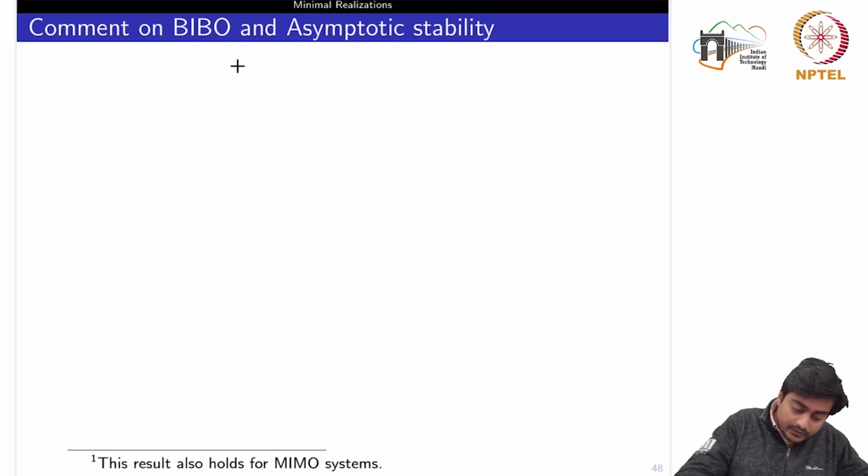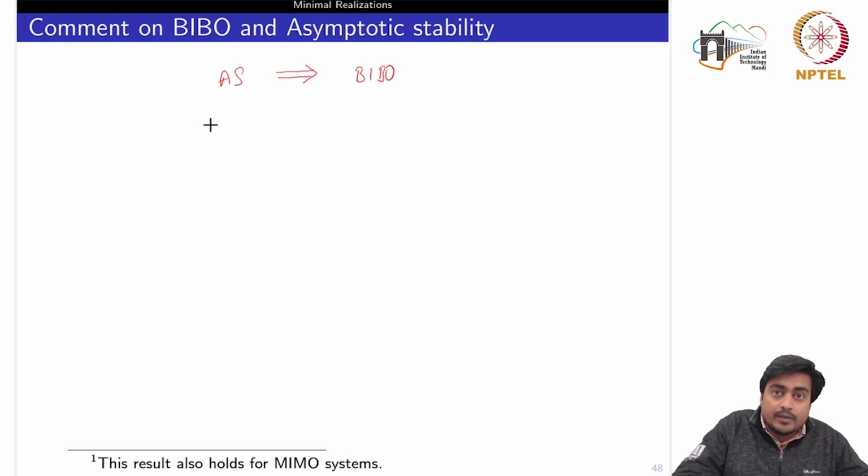Now one question we put up at that time: let's say we have an asymptotically stable system, and at the other end we have a BIBO stable system. At that time we had ensured that if the system is asymptotically stable, then it would definitely be BIBO stable.